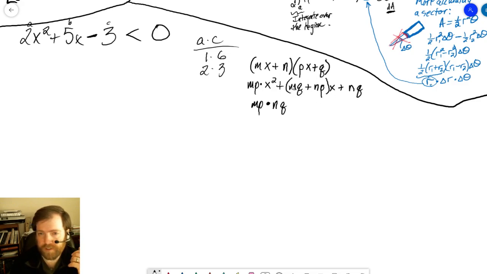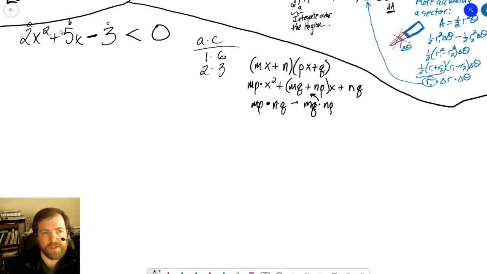So we want to split this into mq and np, which is possible because, by the commutative law of multiplication, you can do multiplication in any order you want. So we want mq times np, and then we want to add them together and get the middle term, so 5 in this case.